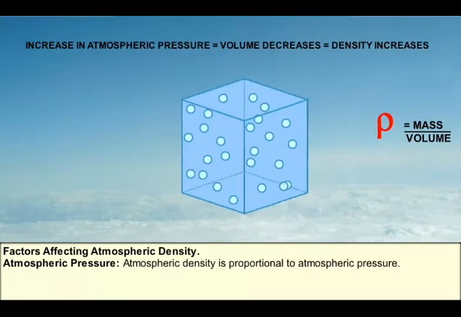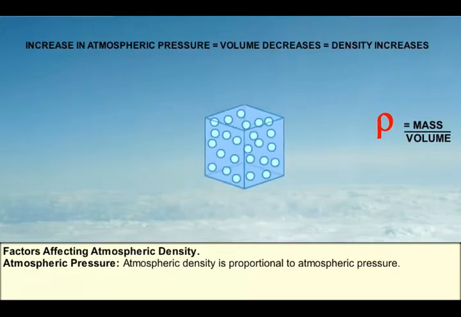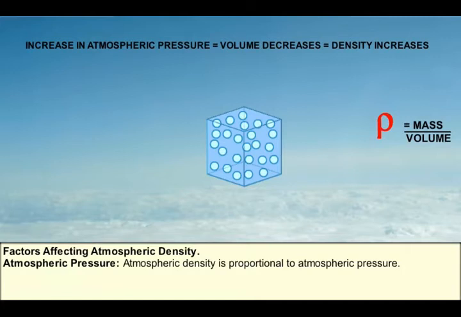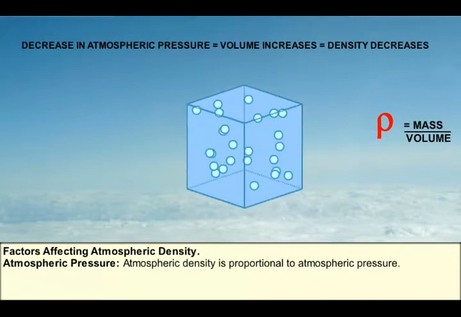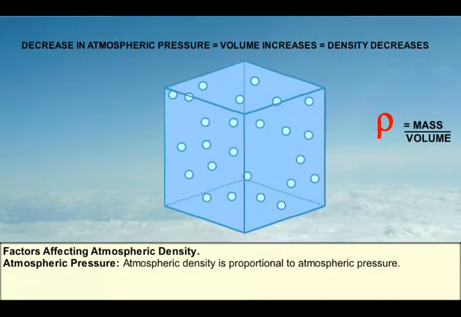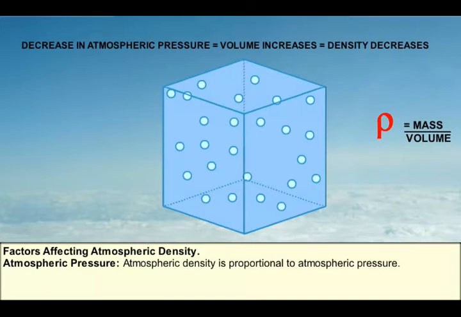As we increase the pressure surrounding the parcel of air, you can see that it gets compressed. This causes the density to increase. Conversely, if we reduce the surrounding pressure, the parcel will expand and the density will reduce. Physical experiments confirm that density is directly proportional to pressure.